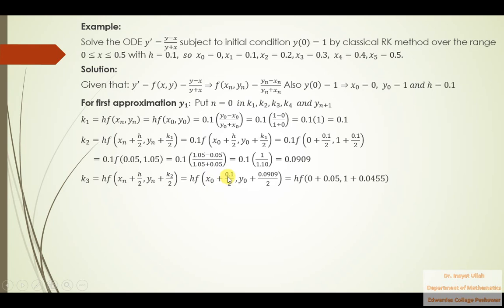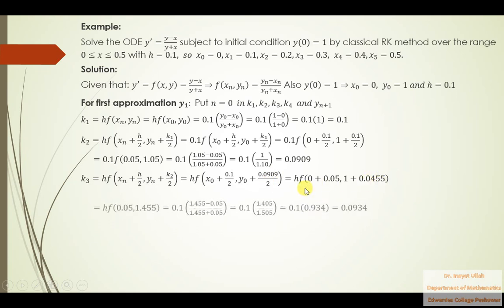Here h is 0.1 divided by 2, and k2 is obtained here, which is 0.0909, divided by 2, that is 0.0455. So x naught is 0 and 0.1 by 2 is 0.05, and y naught is 1 plus 0.0455 is 1.0455.